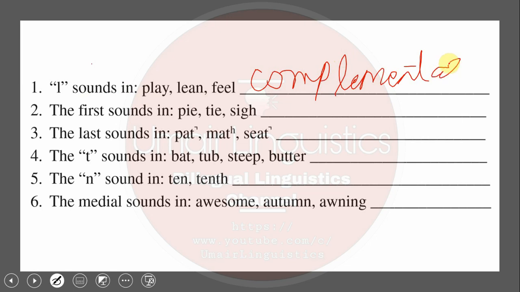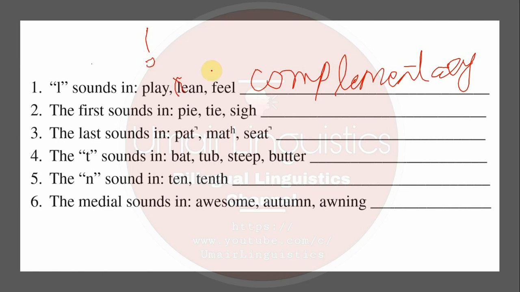What is the reason? Because in play, this L becomes voiceless. In lean, and in feel, when L comes at the beginning of a word, the position of the tongue in lean is lower in the mouth.